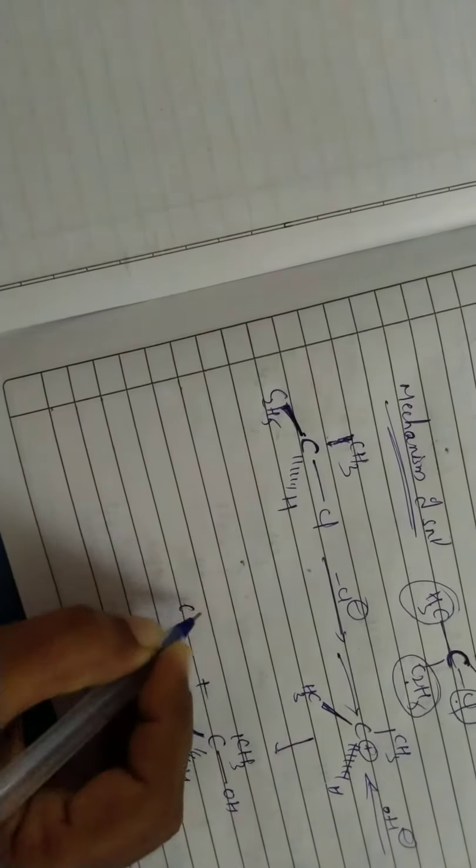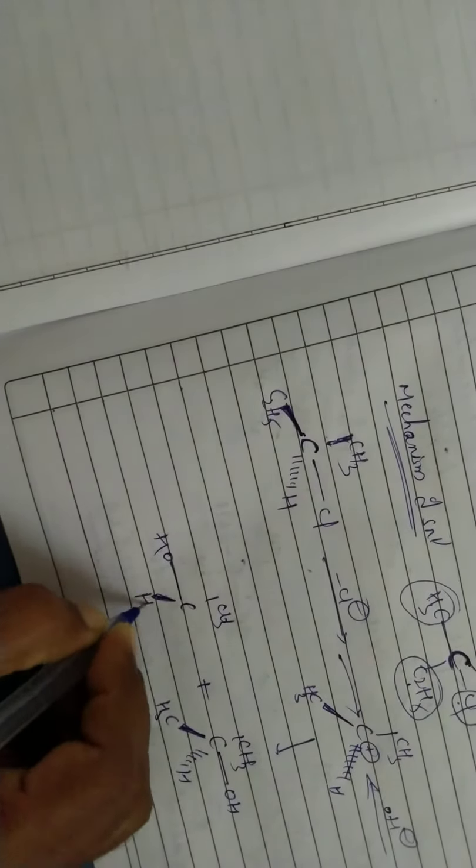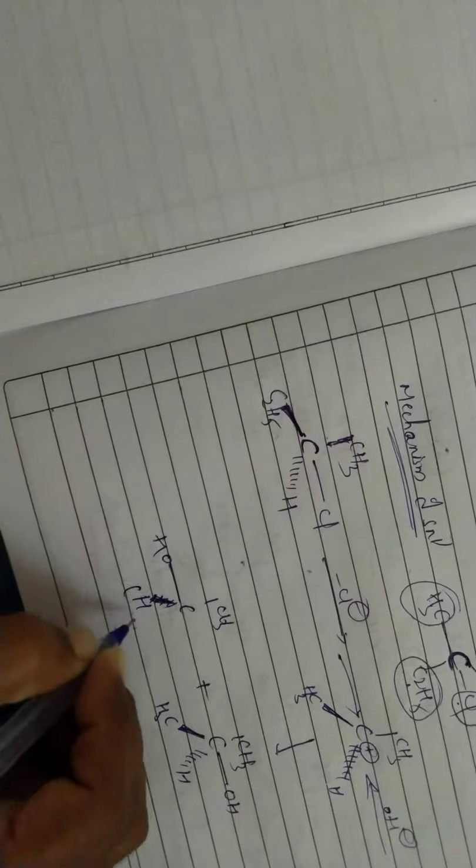Now we have 2 options. OH minus can attack from the front side or from the back side. So we get 2 products, CH3, H, OH and CH3, OH, H. These are the 2 products.